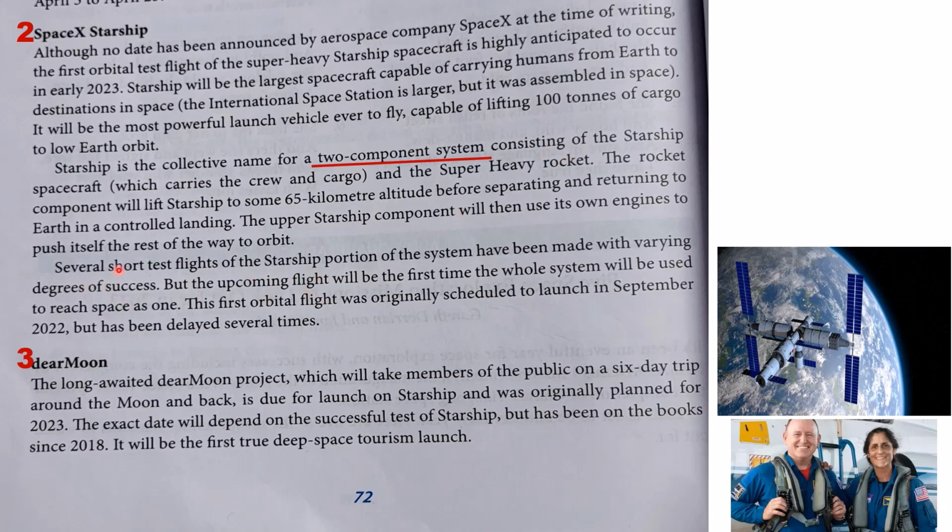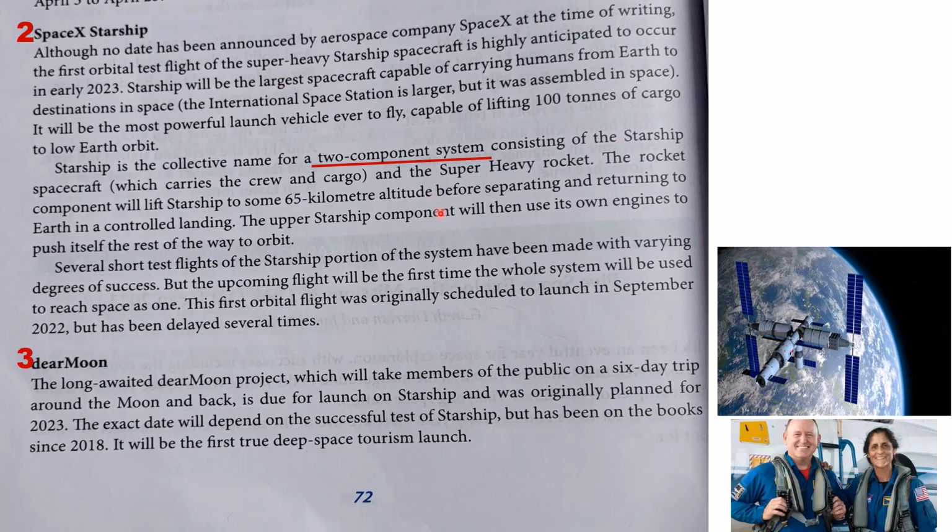But this is the first time they are taking the entire Starship to space. So the upcoming flight will be the first time the whole system will be used to reach space as one, not the components. This first orbital flight was originally scheduled to launch in September 22, but has been delayed several times. Several times it got delayed, but finally it went into space, students.